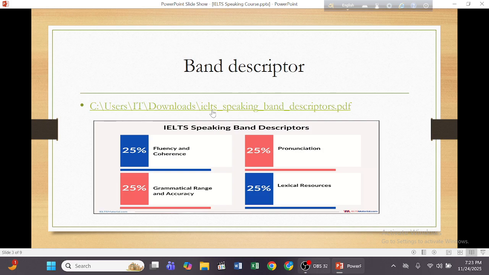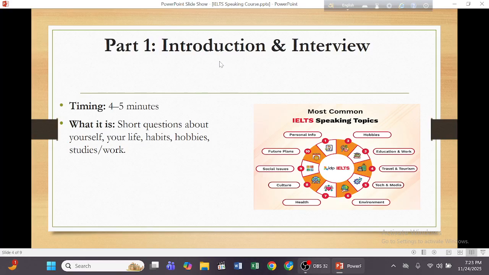For the next slide, we are now moving in depth. This is part one, interaction and interview. It takes almost 4 to 5 minutes. Here, the question and answer sessions are very short. The examiner first asks your name, like, what is your full name, please, or may I know your full name, please.